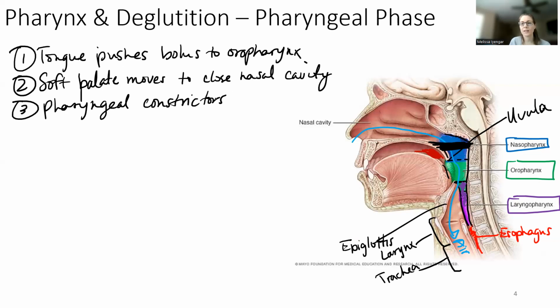They're going to start to contract sequentially. Basically, the superior ones contract, the middle ones contract, and then the inferior ones contract. And what this is going to do is push the bolus all the way towards the esophagus.